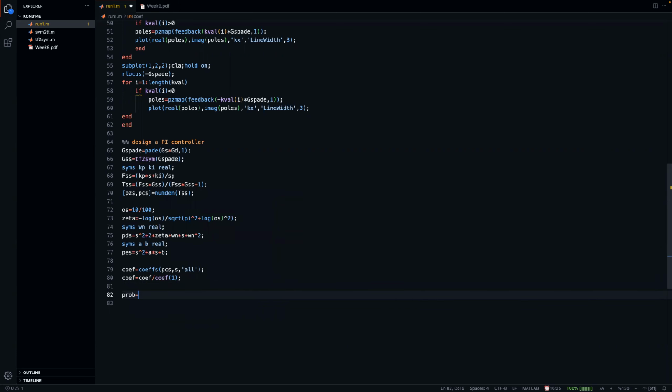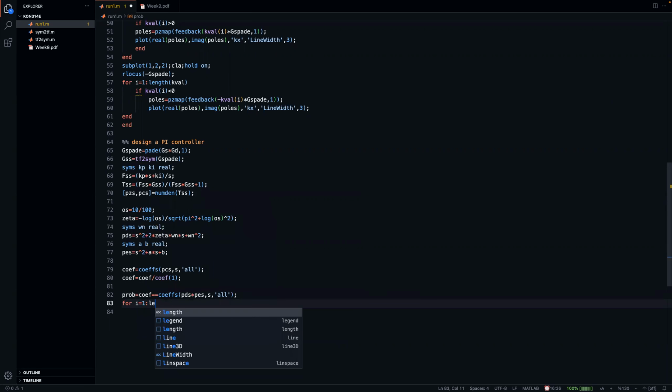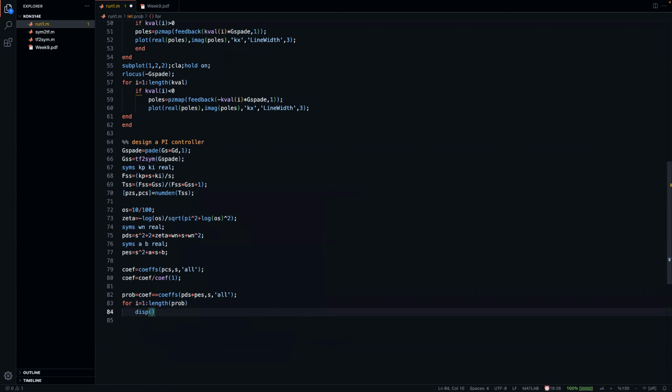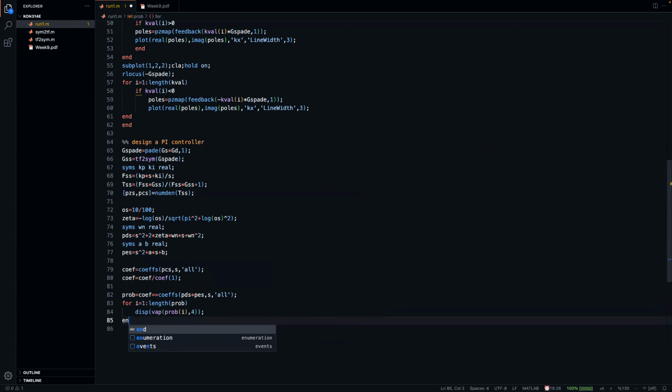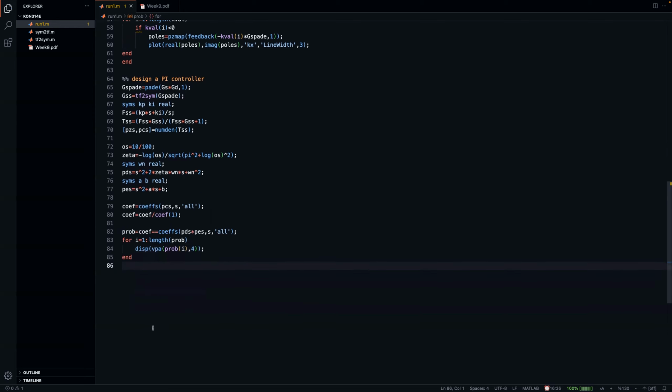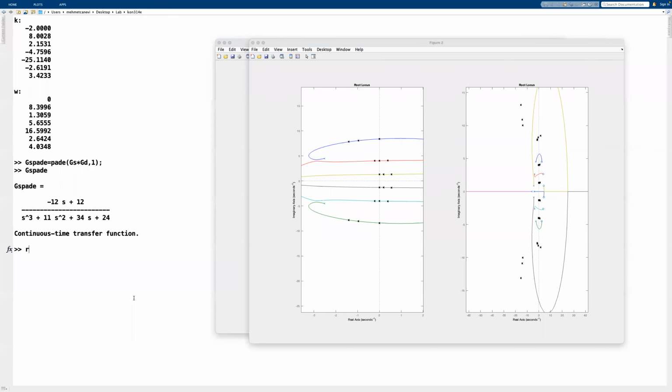Then the problem becomes coef equals coefs of PDS times PS as all. Before we solve it, let's display it. There we go. So let's run it.